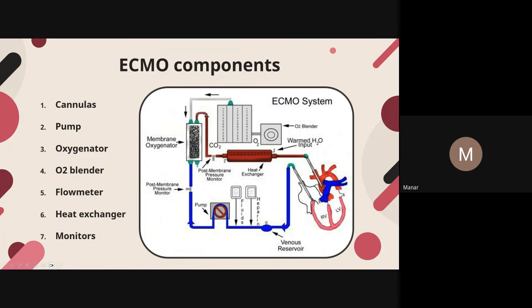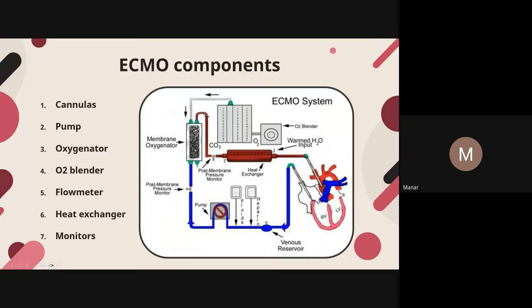So the blood goes into the venous cannulas and then goes through the pump. Now we have two types of pumps, the roller pump and the centrifugal pump, which is more common. Now the pump drives the blood around the circuit, and then the blood goes into the membrane oxygenator.